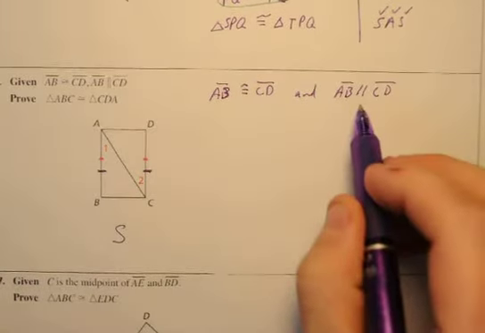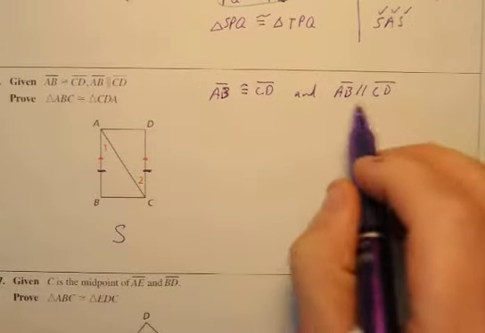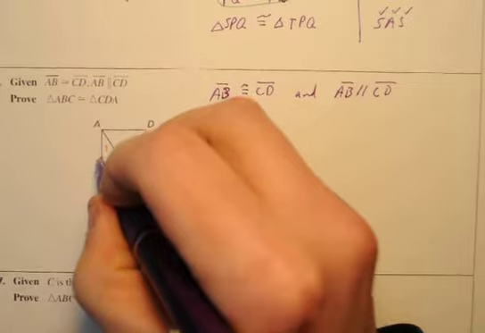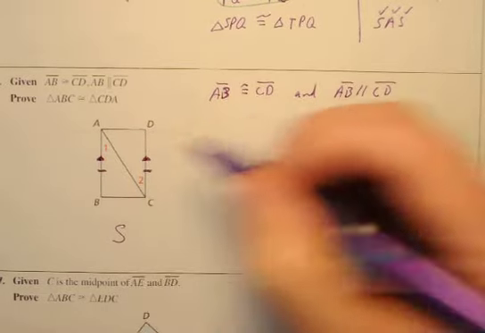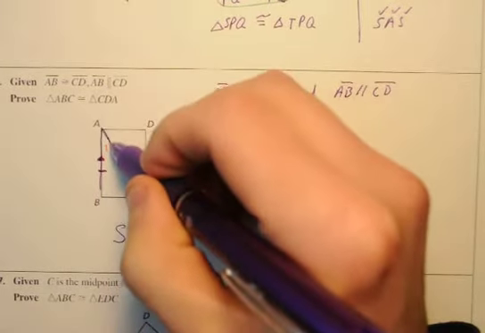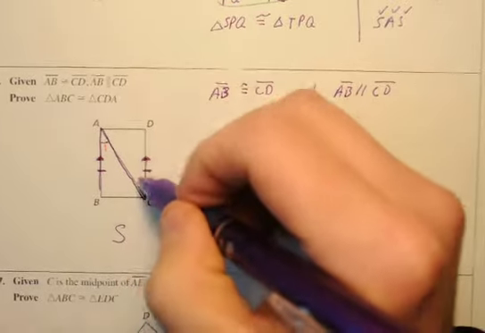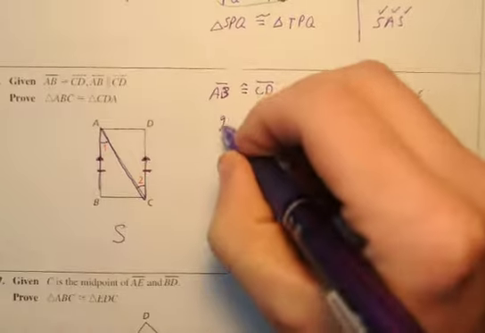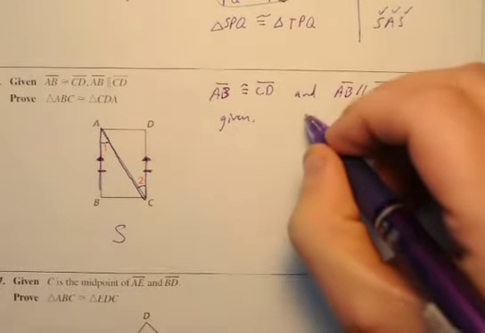That is nothing. However, when you see parallel, usually that means look for a Z. So in this case, if these are parallel, this beautiful Z right here, that means that angle 1 is congruent to angle 2. So we'll finish our sentence.